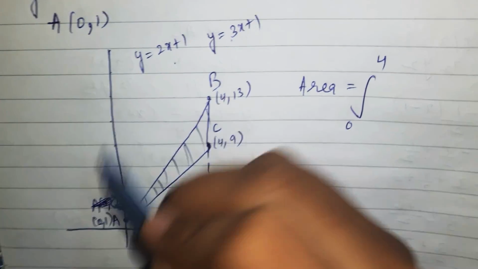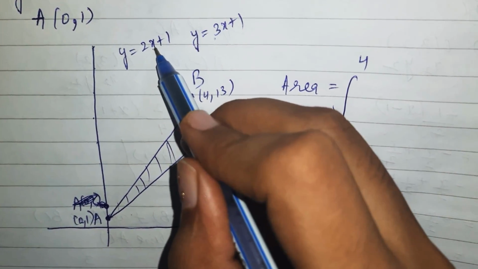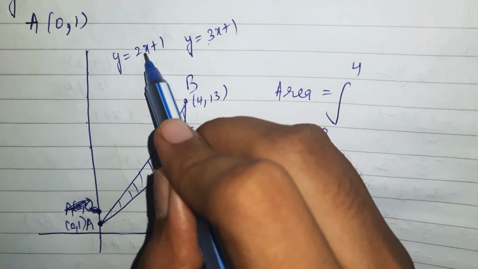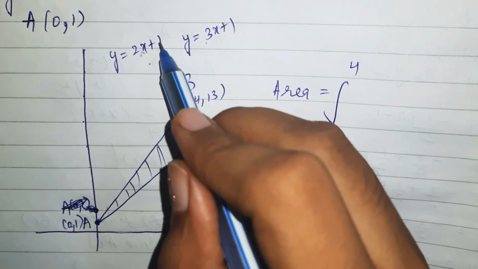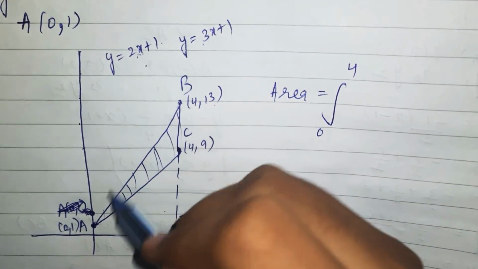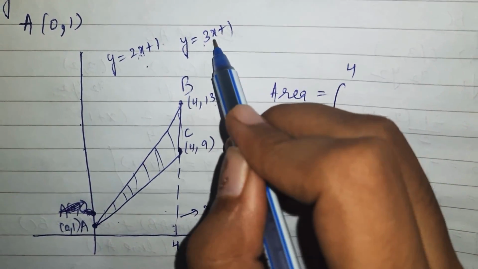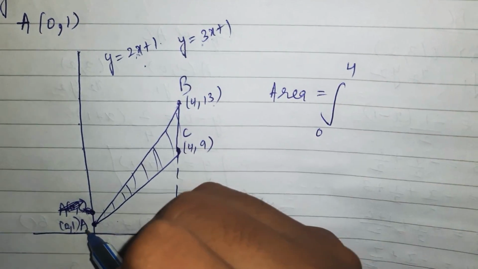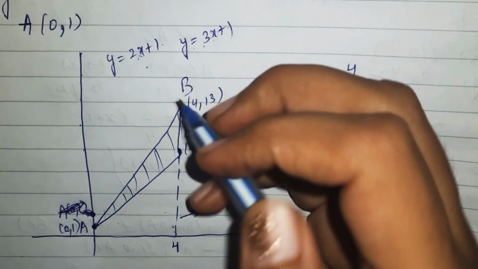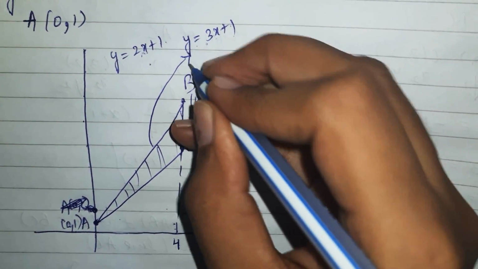If I am taking x as 0, y is coming 1, this is correct. If I am taking x as 4, so I am getting 8 plus 1, 9. Y is 9? No. So this is not the equation of this line. Now take x as 0, y is 1, correct. If x is 4, 12 plus 1 is 13, so this line is correct. So this is the line.